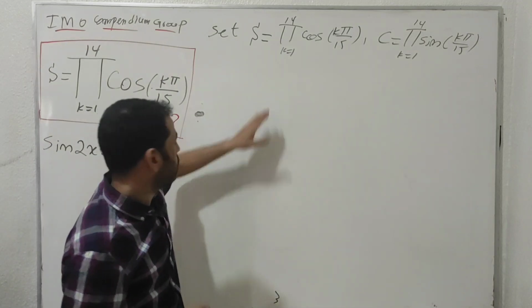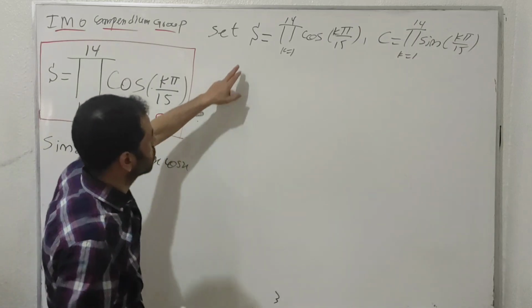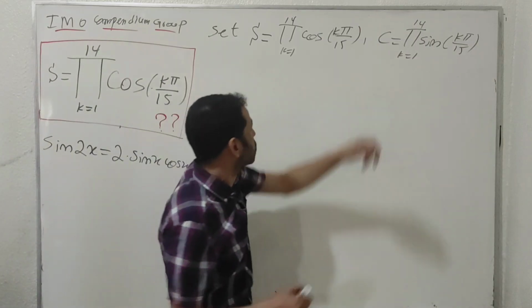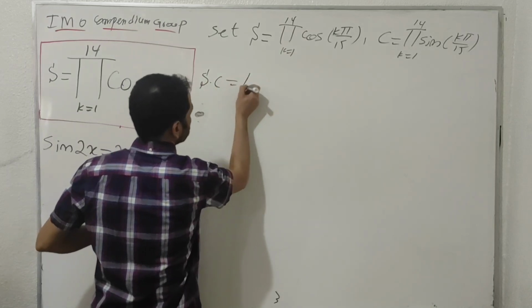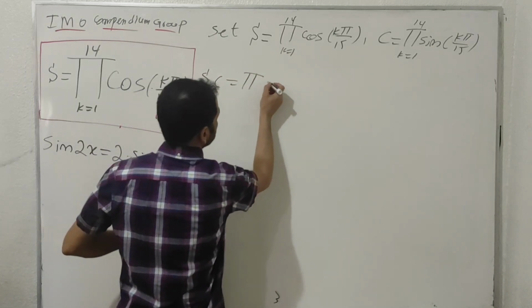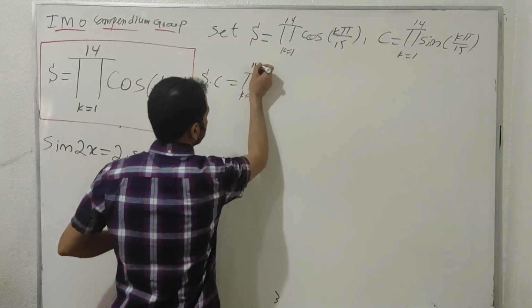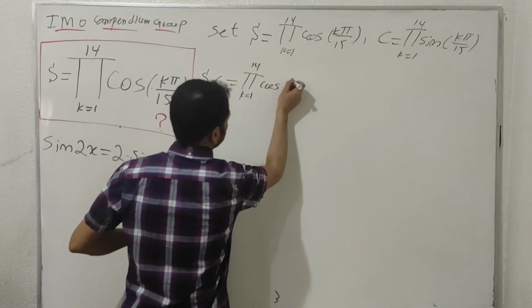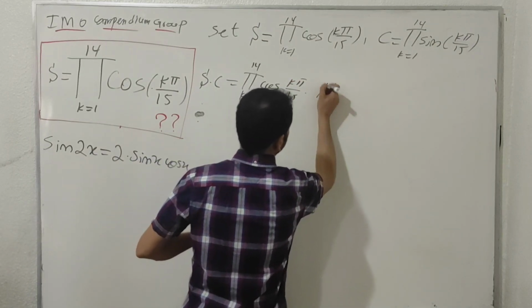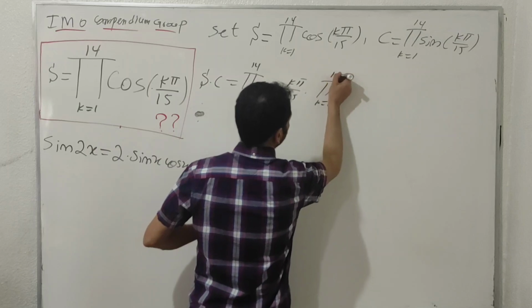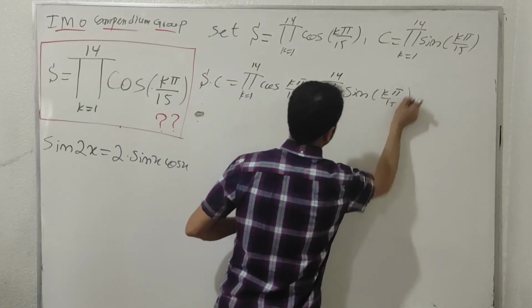I'm going to combine these two expressions by simply multiplying this term by this term. I will have s times c giving us the product as k goes from 1 to 14 of cosine k pi over 15 multiplied by the product as k goes from 1 to 14 of sine of k pi over 15.